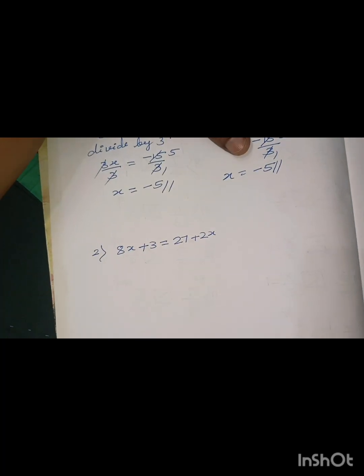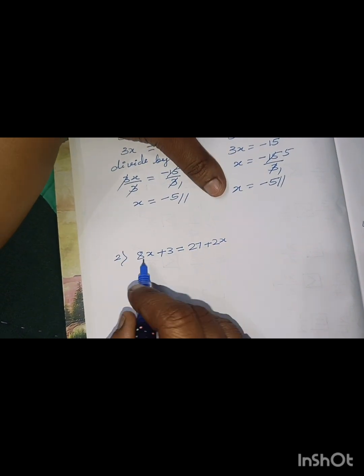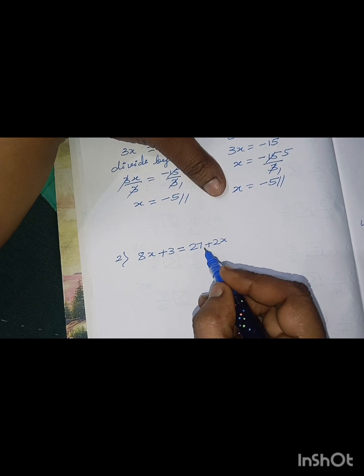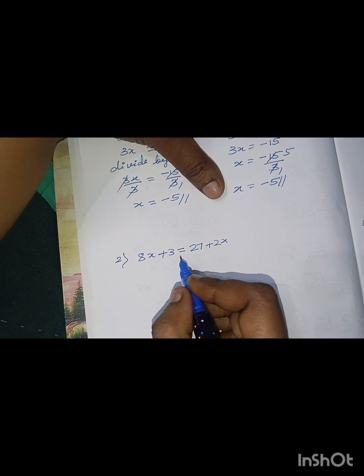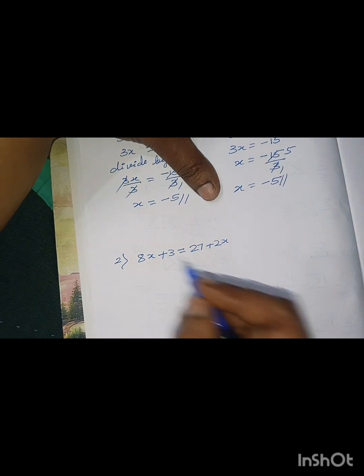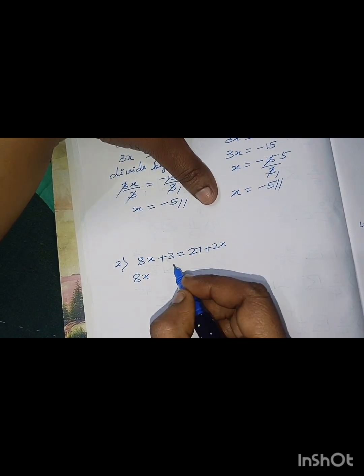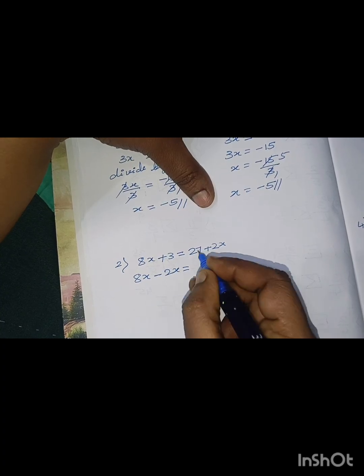Now we will go for the next example: 8x plus 3 equals 27 plus 2x. First combine the like terms. Transpose this 2x to the LHS, it will become minus 2x.